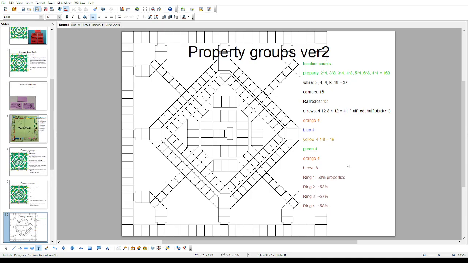Okay, so I need to label all of these things according to where they are. Oh, yellow here, that's actually all of them, which are split between.